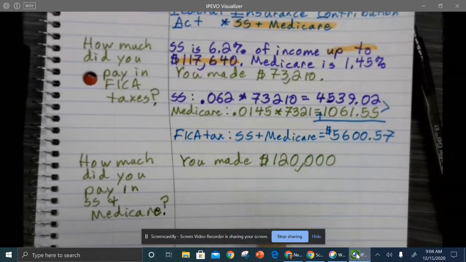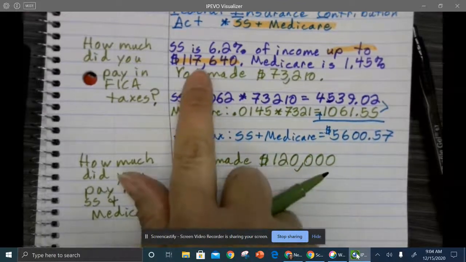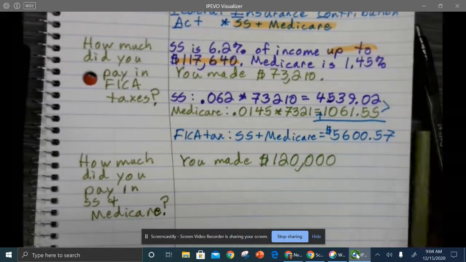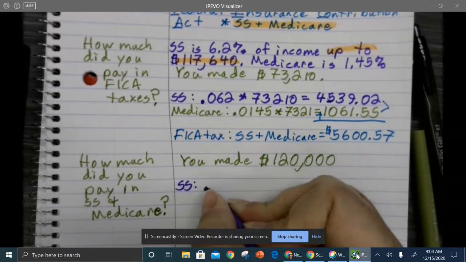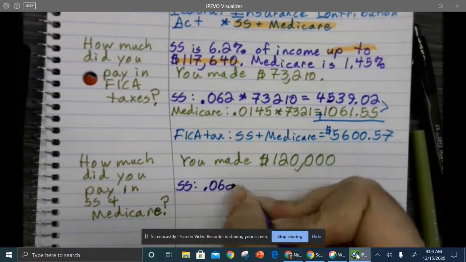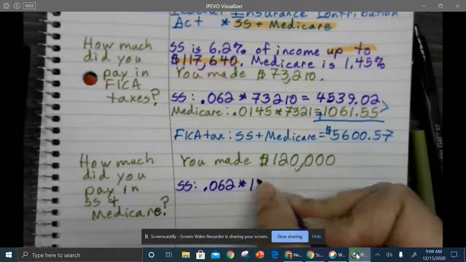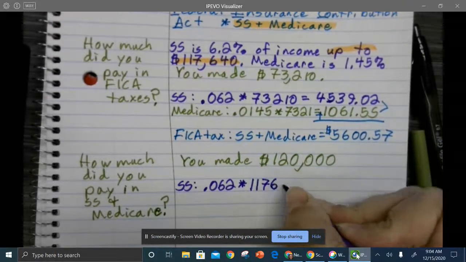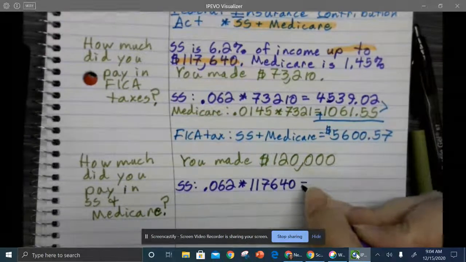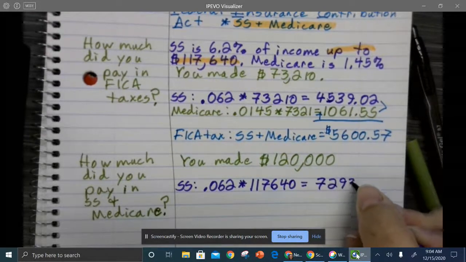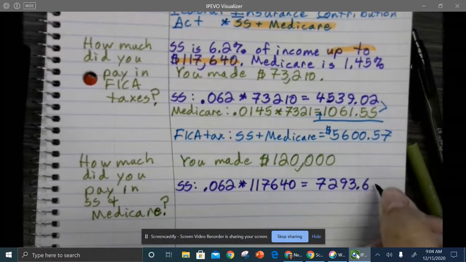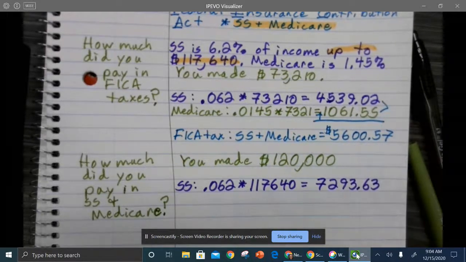So everybody, 120,000 is more than 117,640. So for Social Security, we're going to have to do 0.062 times 117,640. Okay, so we get $7,293.68. Okay, and then we're going to do Medicare.